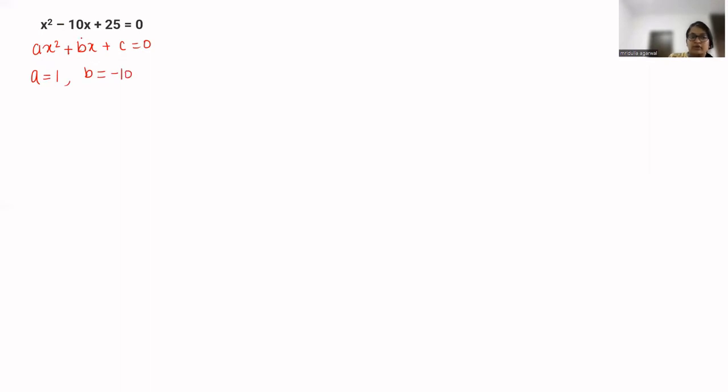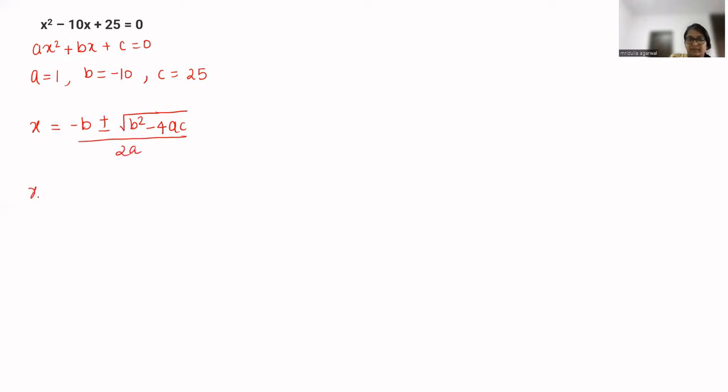The important rule is that you have to consider the sign as well. c equals 25. Using the quadratic formula, x equals minus b plus minus root of the discriminant, that is b square minus 4ac upon 2a.